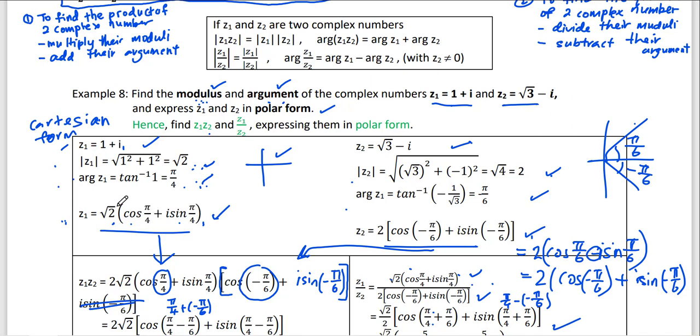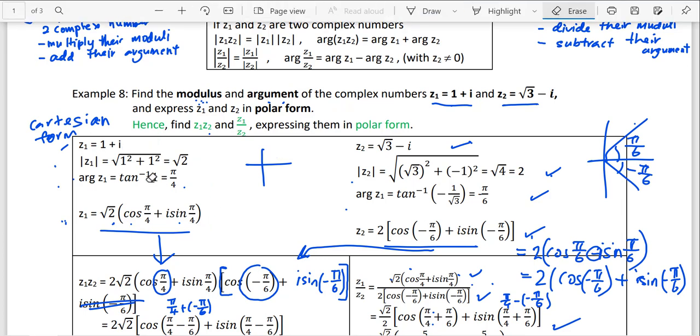So for the angle here, after you find the argument, you check first. If you want to find the modulus, argument, then polar form, first find the modulus, then find the argument. To find the argument, what you need to take note of, I said yesterday already, is you have to check the position of this in the Argand diagram.